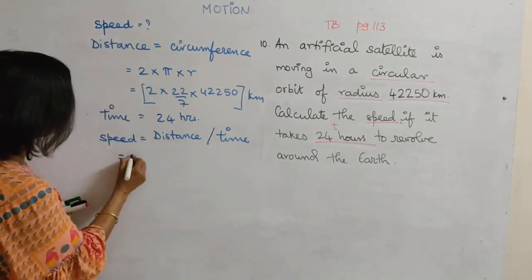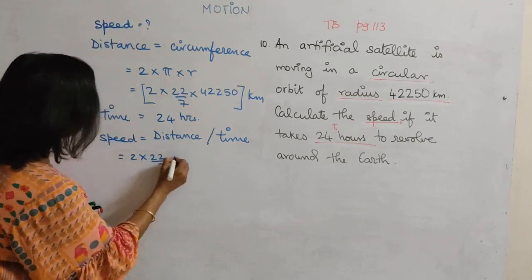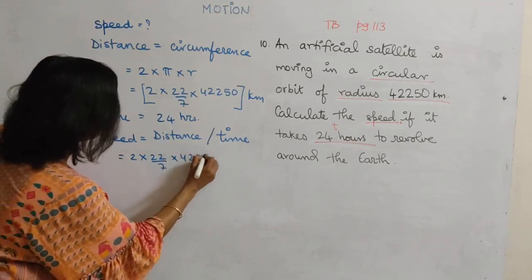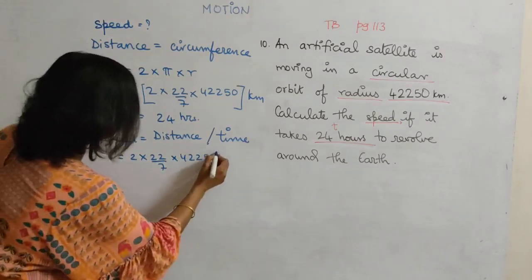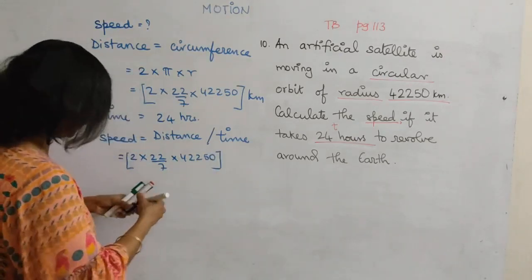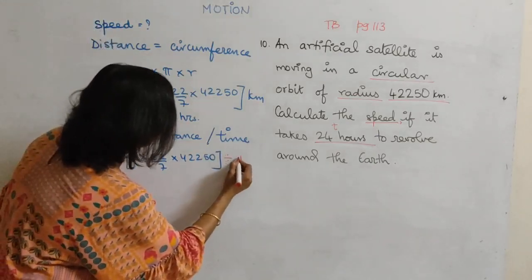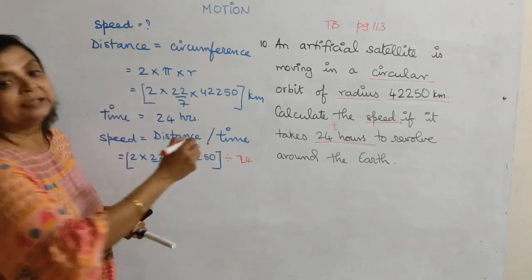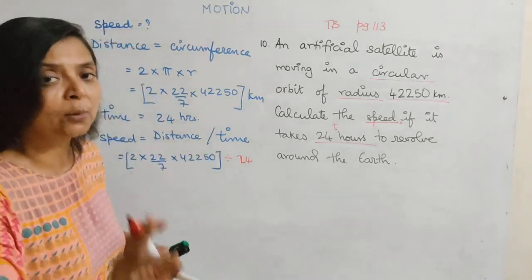So, distance is 2 into 22 upon 7 into 42250 divided by the entire thing divided by 24. Now, division means multiplication with the reciprocal.